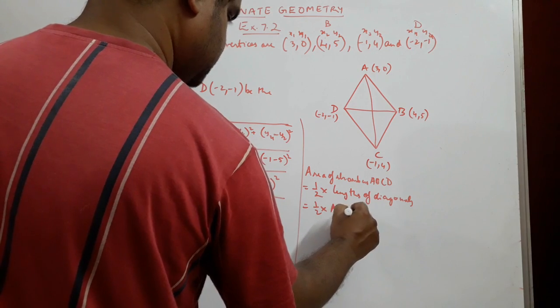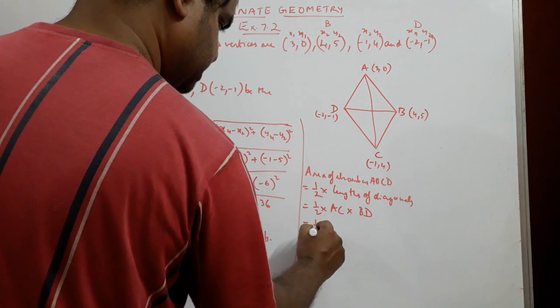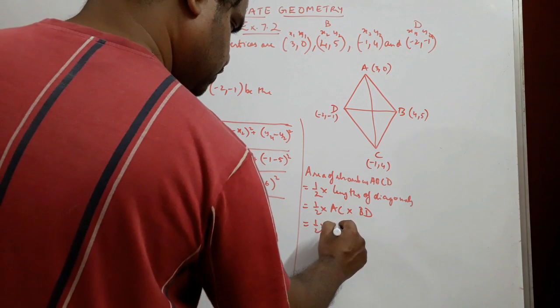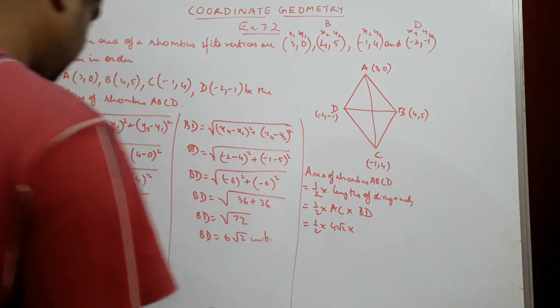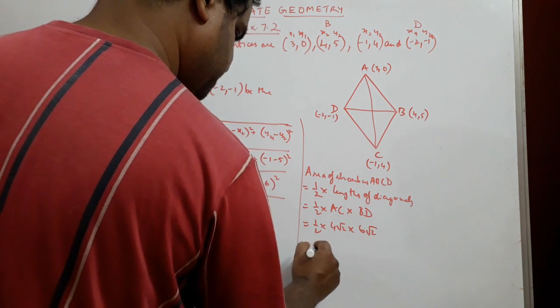AC into BD. We just found AC and BD. Let's use those values. AC is 4 root 2 and BD is 6 root 2.